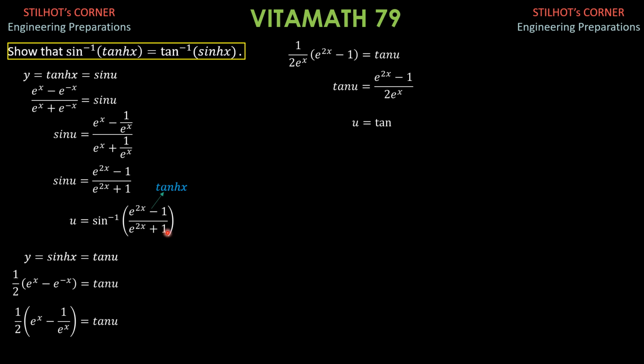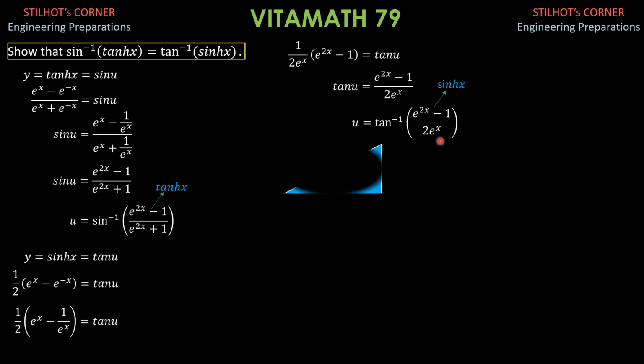Let's have a right triangle. So from here, u is inverse tangent of e to the 2x minus 1 over 2e to the x. And let's define a right triangle from here and show that the definition is the same for both the angles u. So we note that this is the simplified form of sine hyperbolic of x.